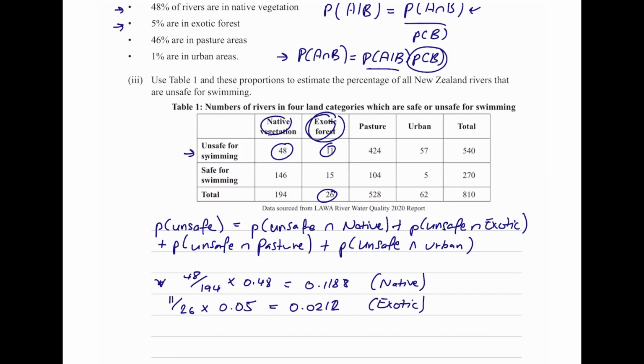What's the next probability? Well, we're going to do the same thing for pasture, so I'll go through it quickly. 424 divided by 528 multiplied by 0.46, because we've got 46% in pasture, that's 0.3694. That's for pasture. And I guess I just put the working here in brackets. We did 424 divided by 528 multiplied by 0.46.